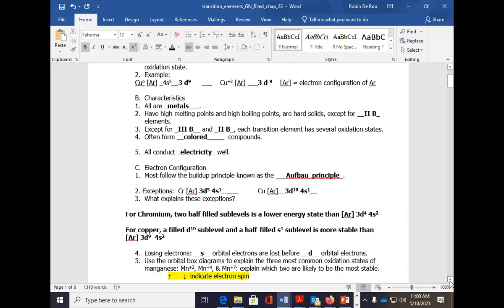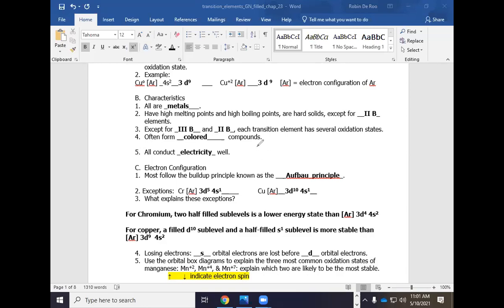In this question, you're supposed to do this orbital box diagram for the manganese atom, manganese ion 2 plus, manganese ion 4 plus, and manganese ion 7 plus. So that's what you're supposed to do right now.